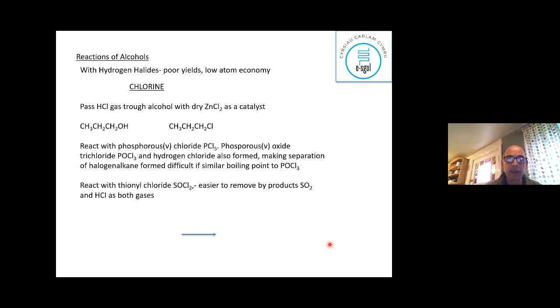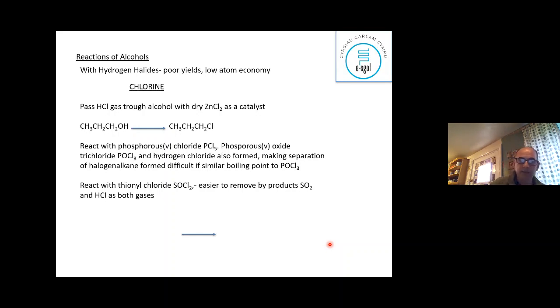With hydrogen halides, to produce halogenoalkanes from alcohols, there are three ways that we could do this. You can pass HCl gas through alcohol with dry zinc chloride as a catalyst. You could react with phosphorus chloride, but phosphorus oxide trichloride and hydrogen chloride also form, making separation of the halogenoalkane difficult if they have a similar boiling point.